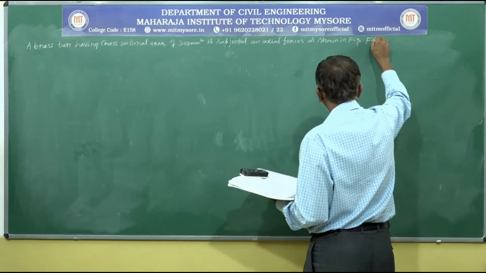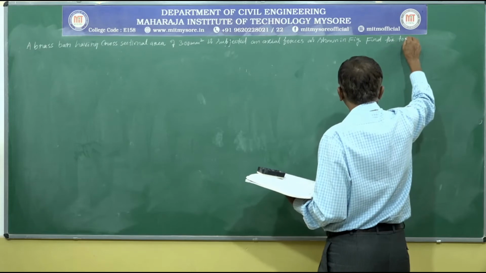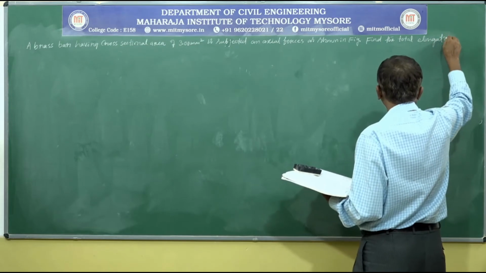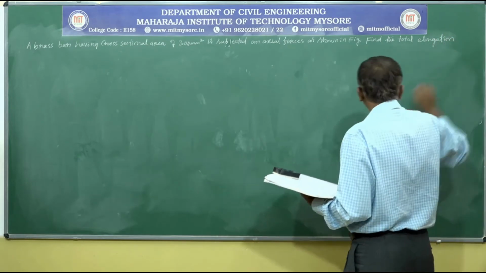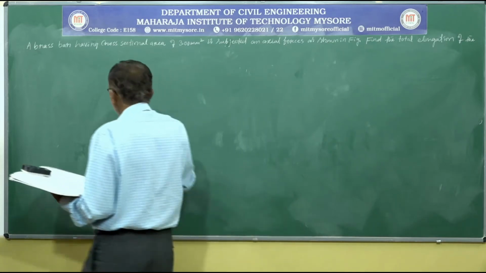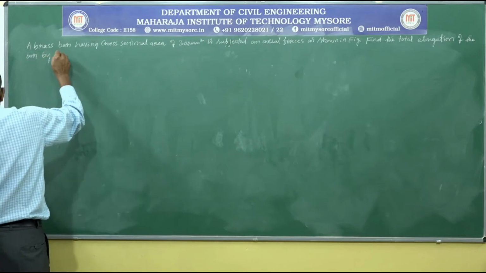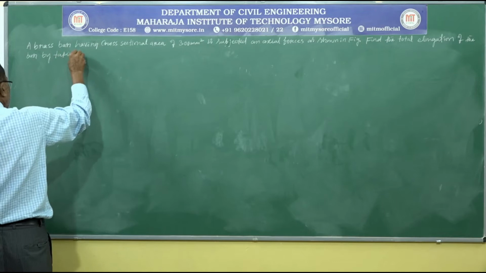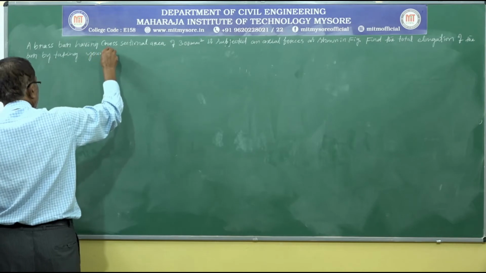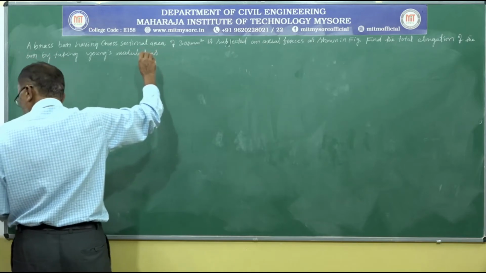It is asked to find the total elongation of the bar by taking Young's modulus as 84 GPa.